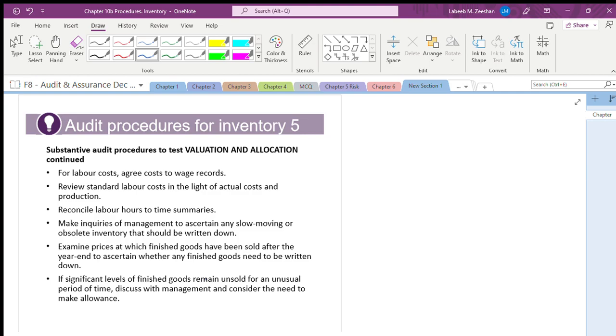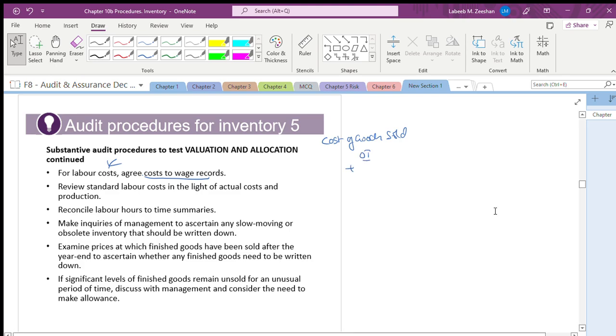When you are doing these things, for labor cost, agree cost to wage records. Why are we talking in terms of labor at this stage? Because when you take into consideration cost of goods sold, cost of goods sold is opening inventory plus purchases minus closing inventory.